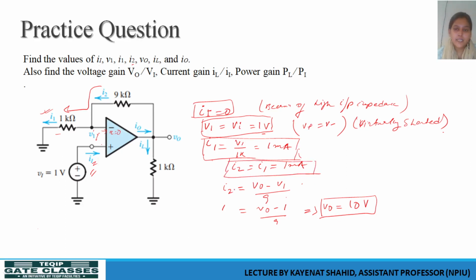Now next is IL. So what is IL? IL is the load current. If we know the output voltage VO, we can directly find IL. So IL is VO by RL, where VO is 10 volt and RL is 1K, hence IL is 10 milliampere.